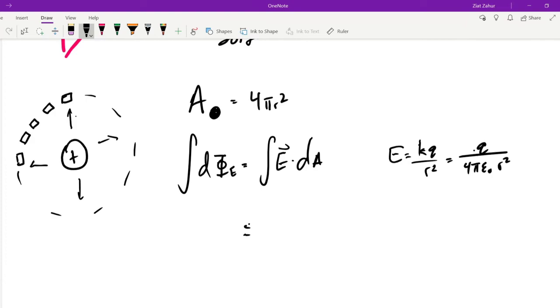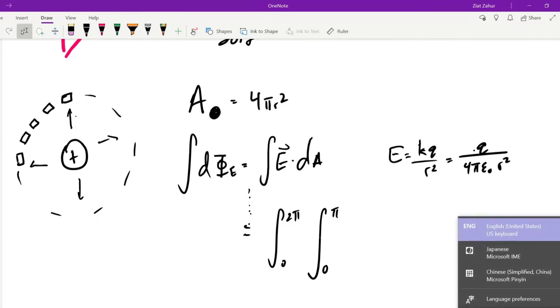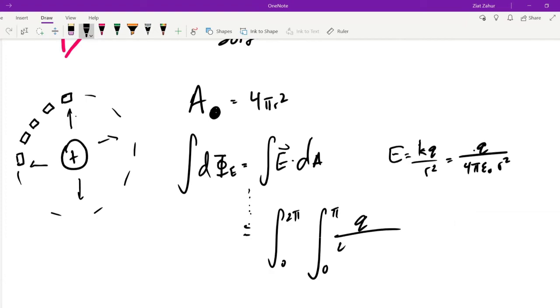So this derivation was a little bit more challenging because we ended up doing double integrals from 0 to 2 pi, because this is an area integral, so it's actually a double integral because you have to integrate two different axes at the same time, 0 to pi. Okay, and then you have Q over 4 pi epsilon naught over R squared, and then dA.